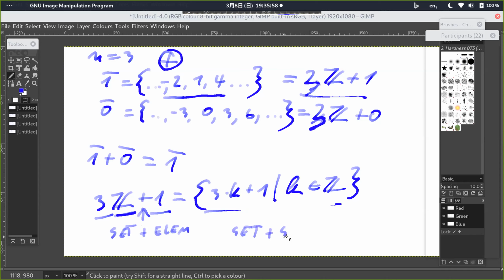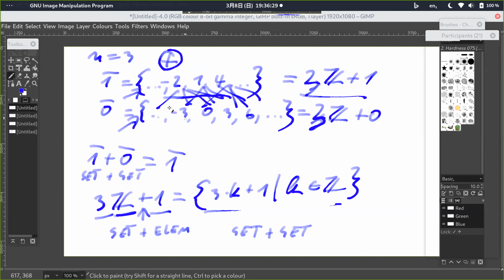And this is what you are asking: if this is a set, and this is also a set, can I do set plus set? And how does that work? That works by adding everything to everything. And because you have the compatibility between the partitioning and the operation, you will get a well-defined thing.